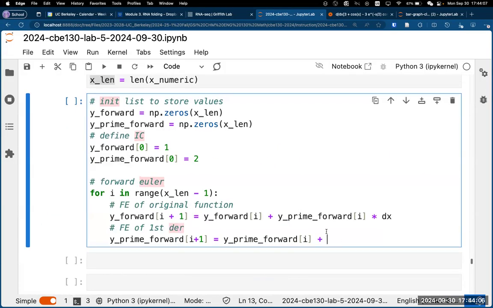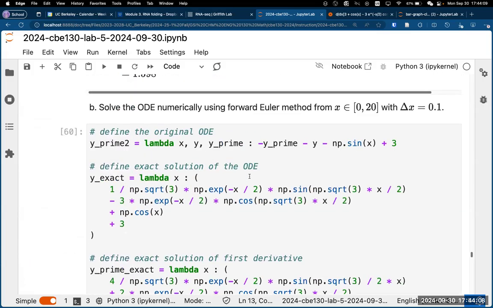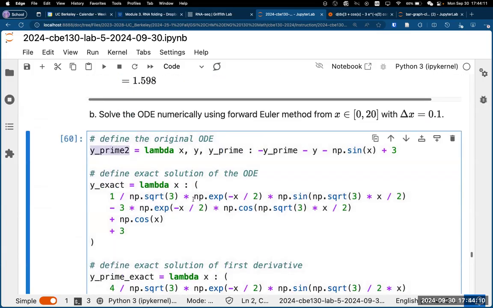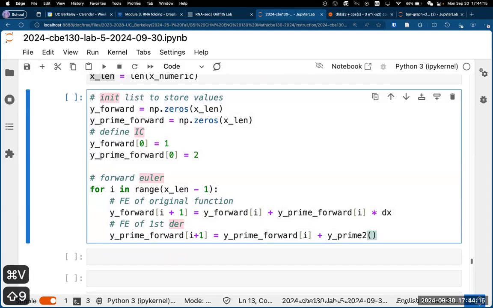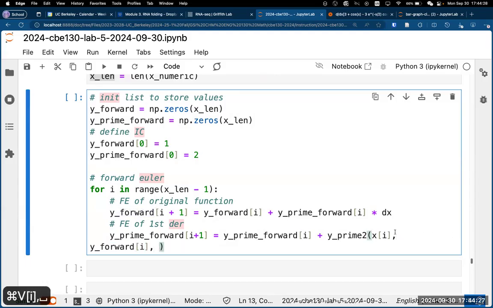So what we add here is we defined the original ODE y prime of 2, evaluated at the current x, so x of I is the current x, and then the current y, which is y forward of I, and the current y prime forward, multiplied by dx.